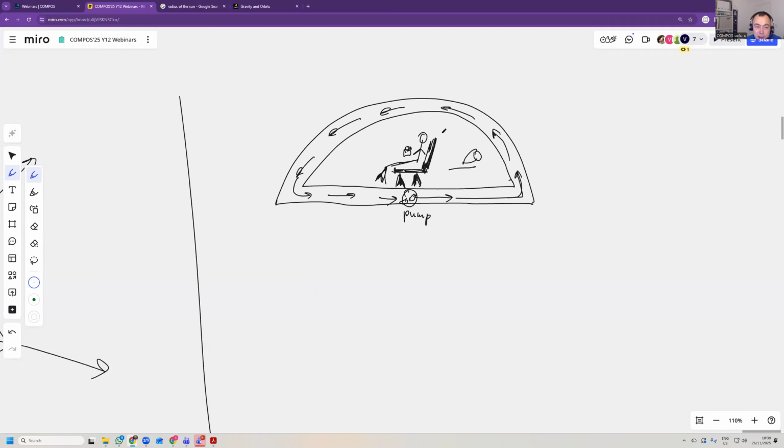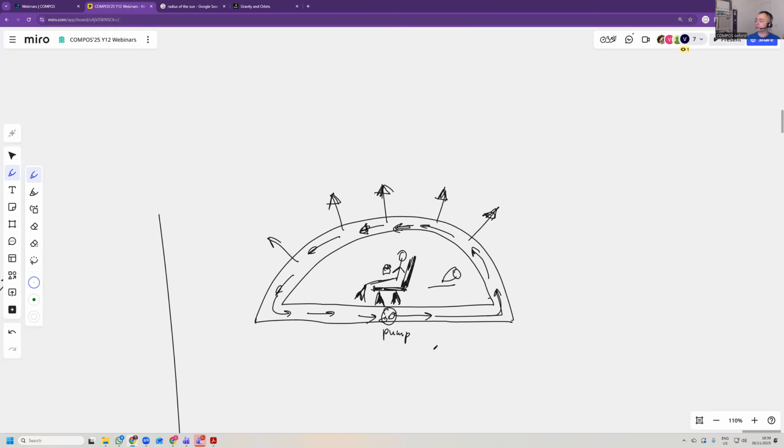Because the upper surface is curved, there will be a centrifugal force on the water as it goes around in a circle. Just like if you go around a tight corner, you feel that centrifugal force going sideways. That would push against the upper surface of the rocket, and this would provide the thrust. So that would push the rocket upwards.